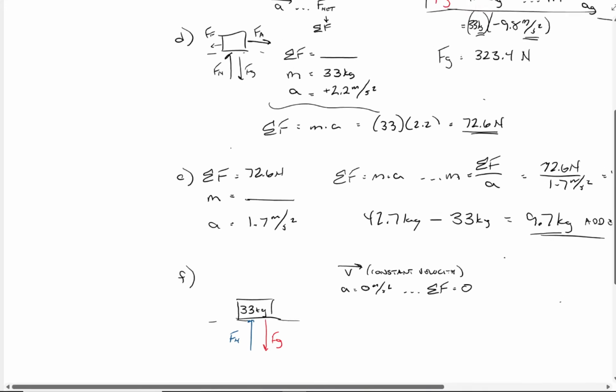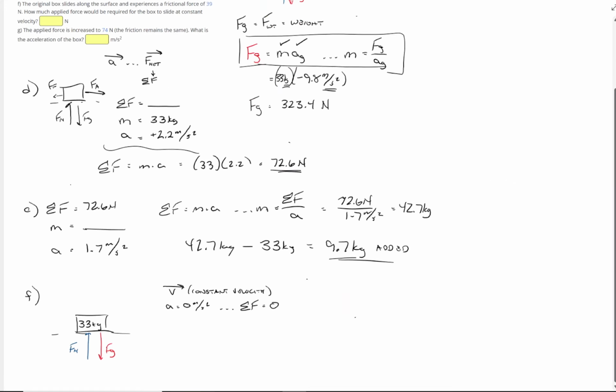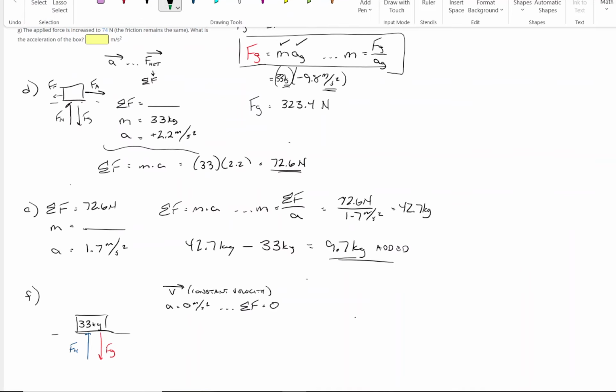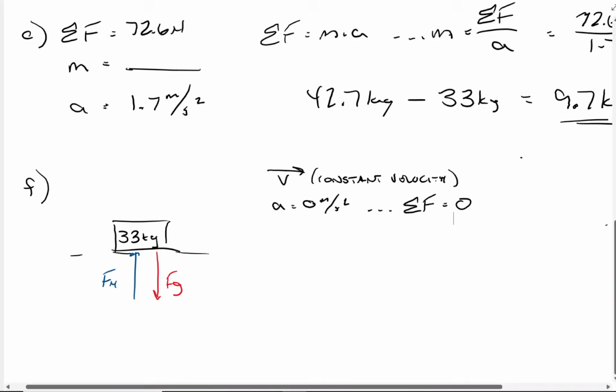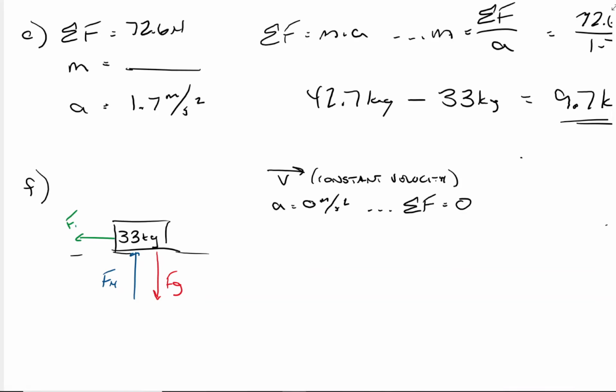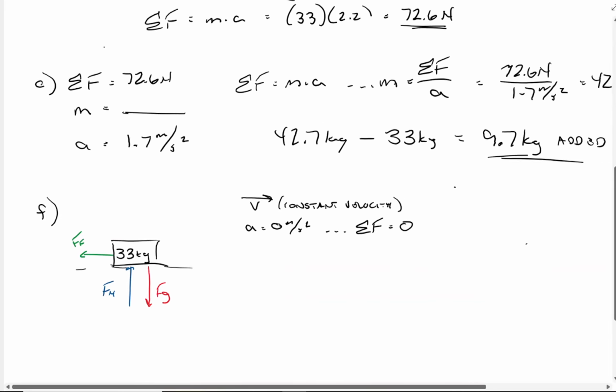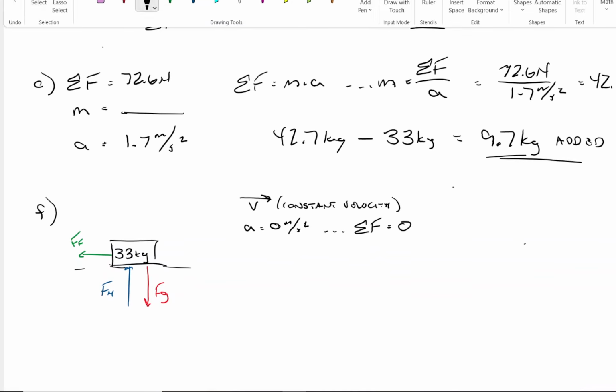Well, all right. I do know there is another force on there, and they tell us that's going to be friction. And friction opposes motion. If I have it moving to the right, friction is going to be to the left. That's the force of friction. And so if I'm at constant velocity, there must be one other force.